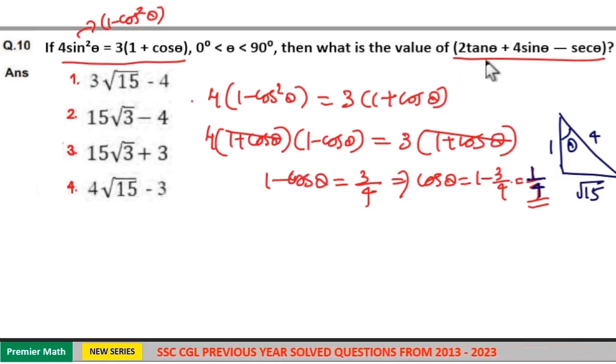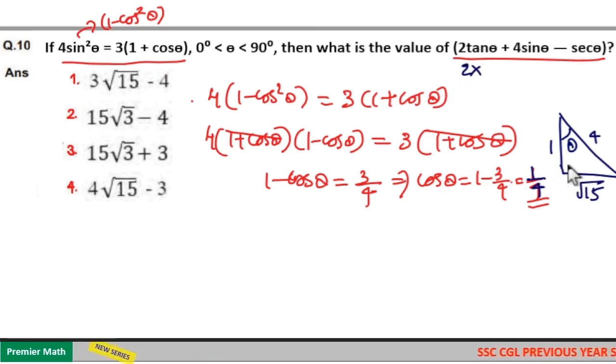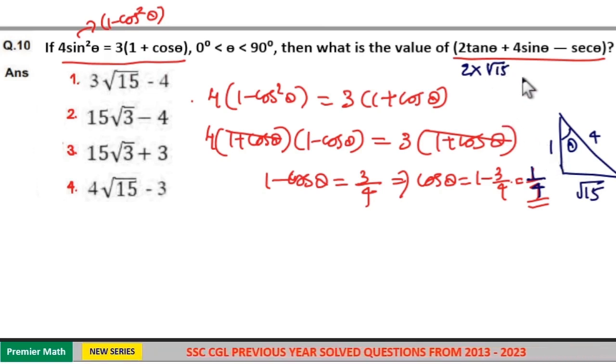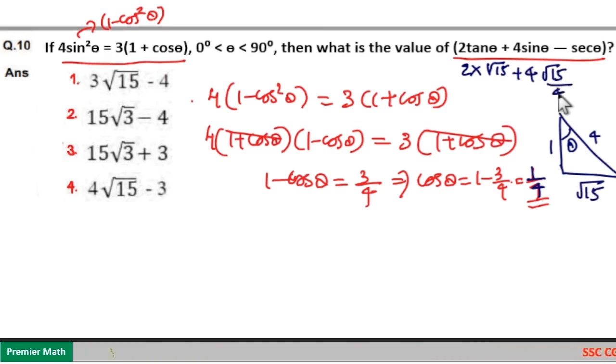Now from this we can find 2 tan theta. 2 into tan theta is equal to opposite side by adjacent side, that is root 15 by 1, plus 4 into sin theta is equal to opposite side by hypotenuse, that is root 15 divided by 4, minus sec theta. Sec theta is 1 by cos theta. So cos theta is equal to adjacent side by hypotenuse. Then sec theta is equal to 4.